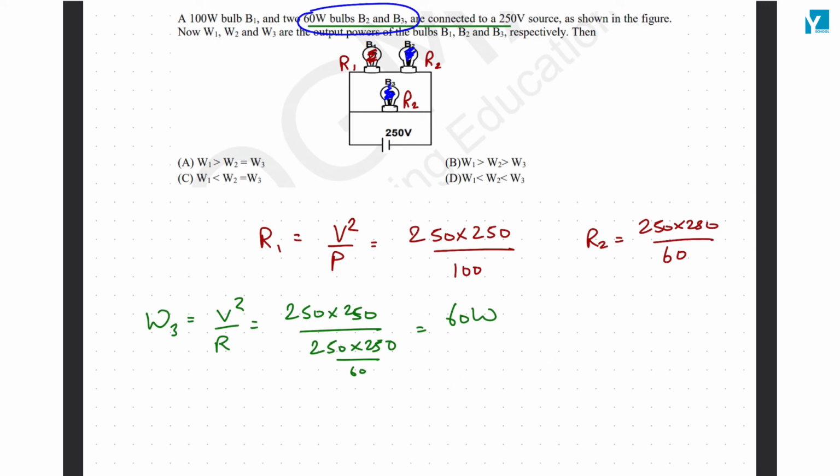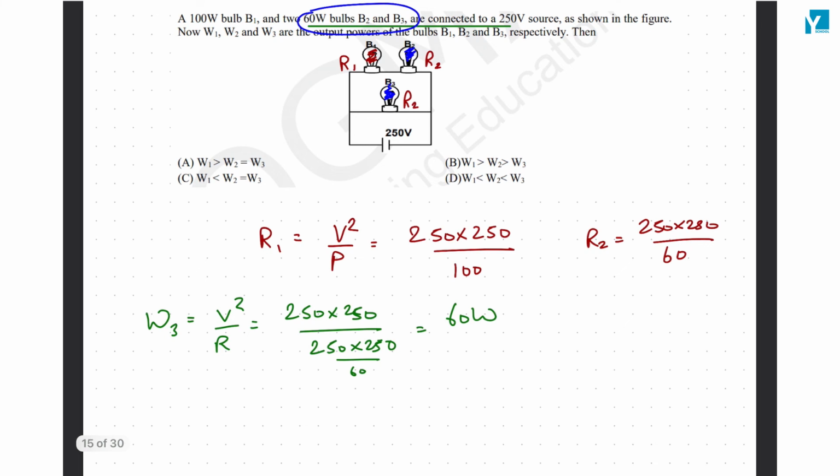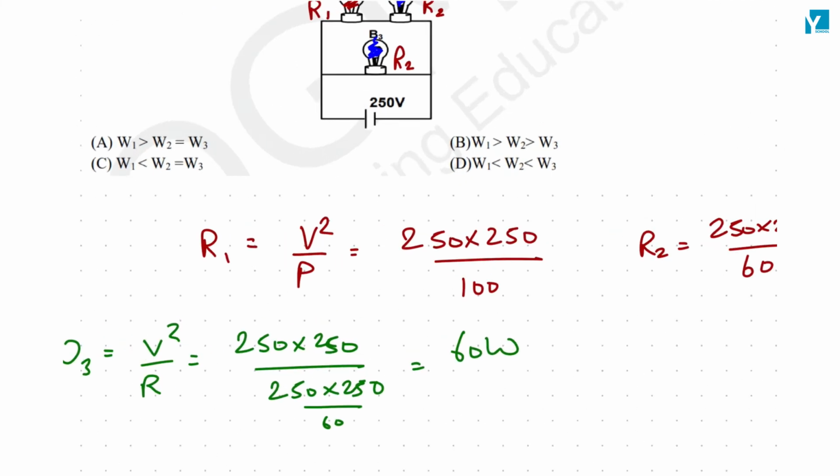So what we can do in the above picture is we can try to find out how the potential difference is going to be distributed in both of these bulbs, or we can simply solve for any one of them. Let's solve for W1, and we obviously know that W2 is going to be smaller than W3.